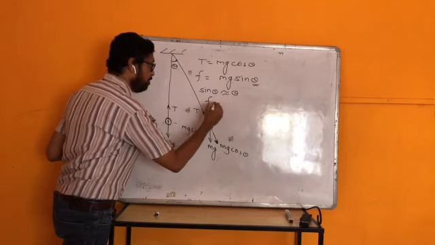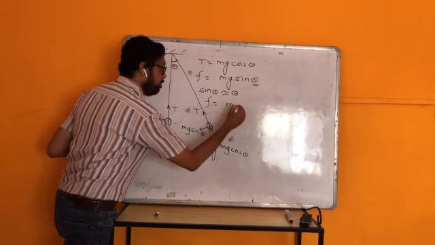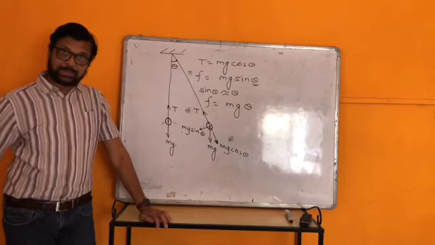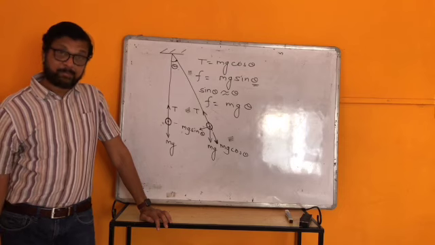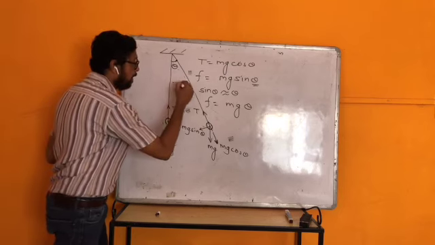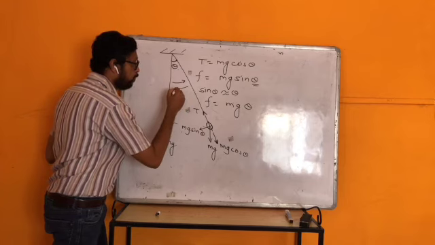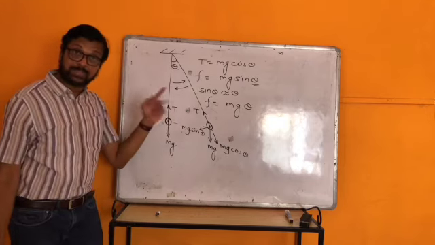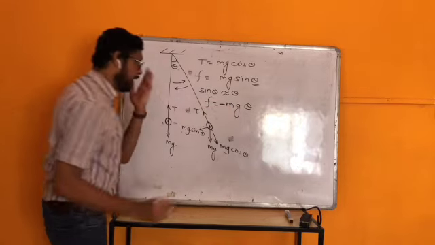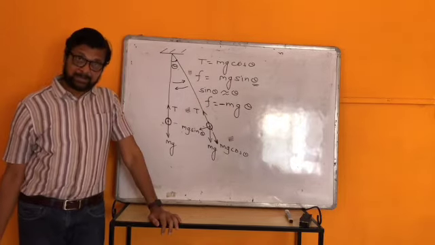So F will be equal to mg theta. In place of sine theta, we can take theta. And since this theta and restoring force are in opposite directions, we can say that F is equal to minus mg theta.